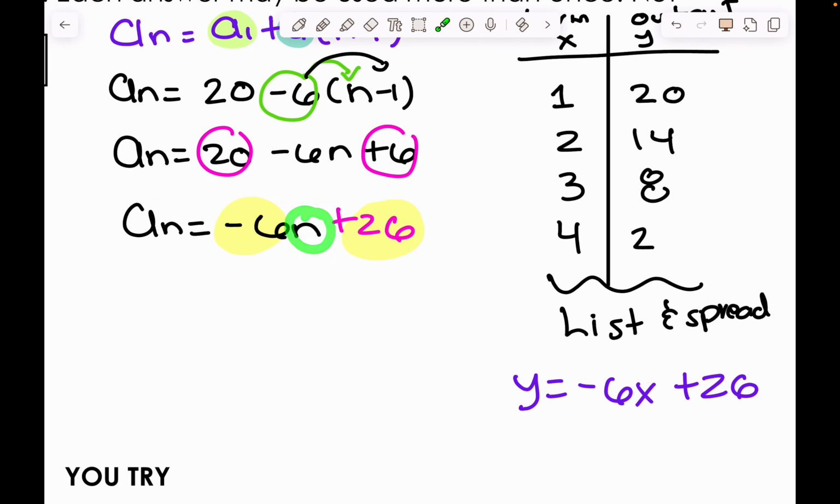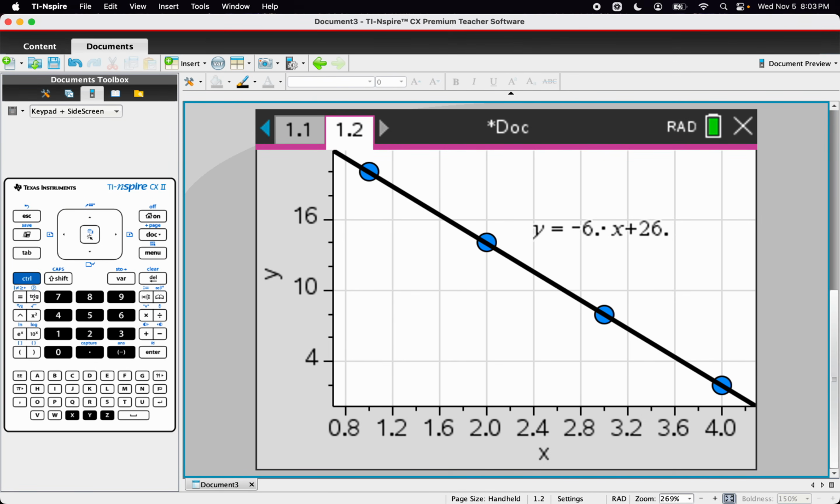The n is just your x. You can do it either method. Now you know a new method of how to get a formula, an equation for an arithmetic sequence, but instead of the x, we use the n. And that is it. Now you try problem number 6. Either method. Give it a try.